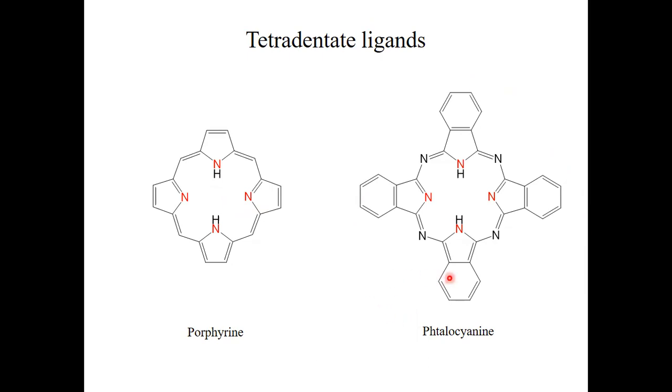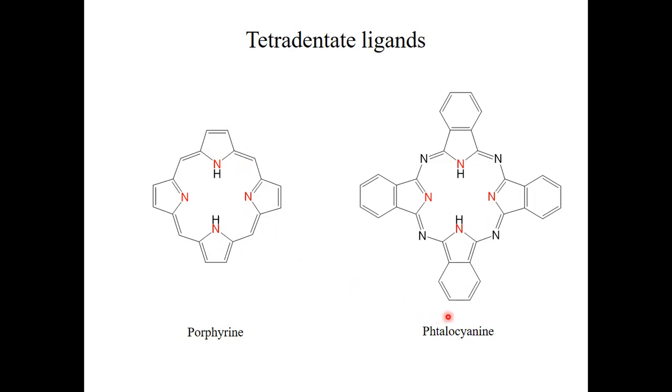So related to that, there's the phthalocyanine ligand. You see here the structural similarities to the porphyrin ligand. The difference is that these carbon atoms here are substituted by nitrogens, and that you have additional phenyl units that are now condensed with the pyrrole units here.